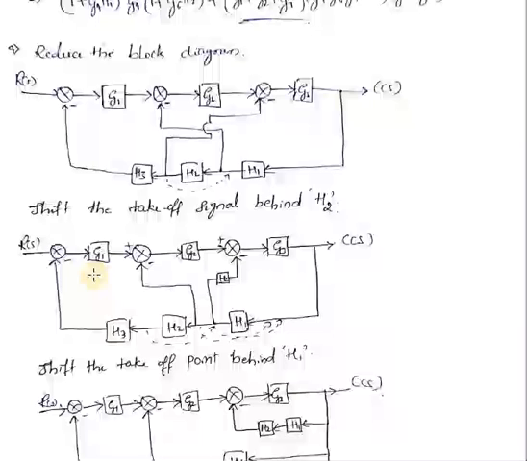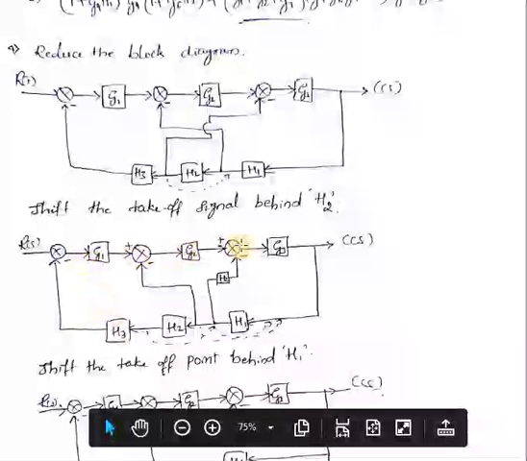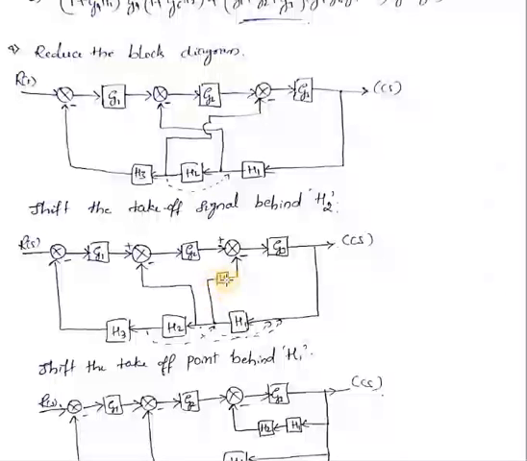So look here. This portion as it is you redraw, and here in the feedback, I transferred the signal to this, that is here, and I added one more block to multiply that H2, so that the value of this signal which is fed to this summing point will remain the same. Initially it was having H2, now also it is having H2.